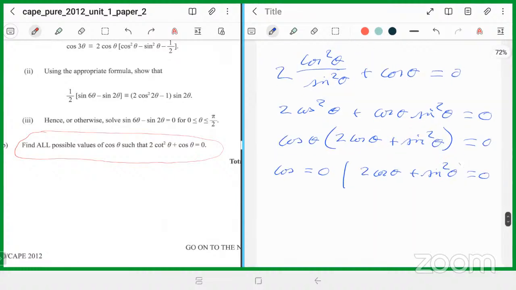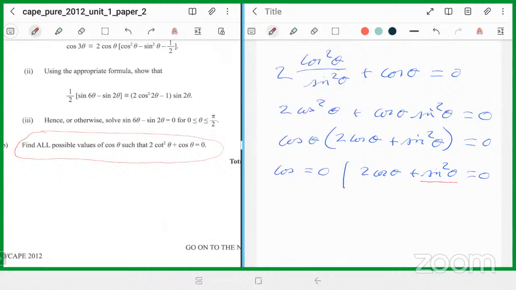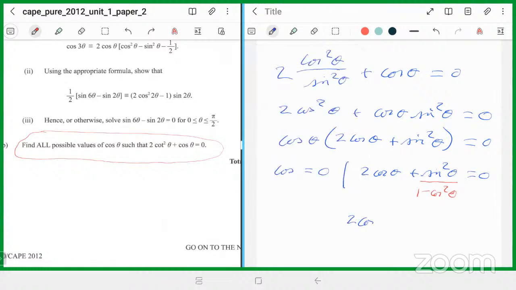But then this sine squared theta can be changed into 1 minus cos squared theta, and put the cos squared with that. So let me make a note of it in red, that sine squared is 1 minus cos squared theta. I'm going to expand that as such. So I'm going to get 2 cos theta plus 1 minus cos squared theta equals 0.